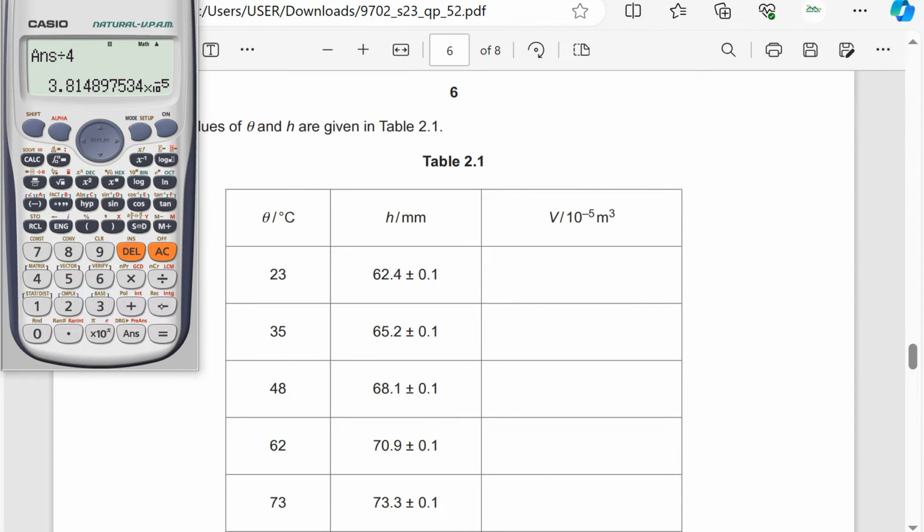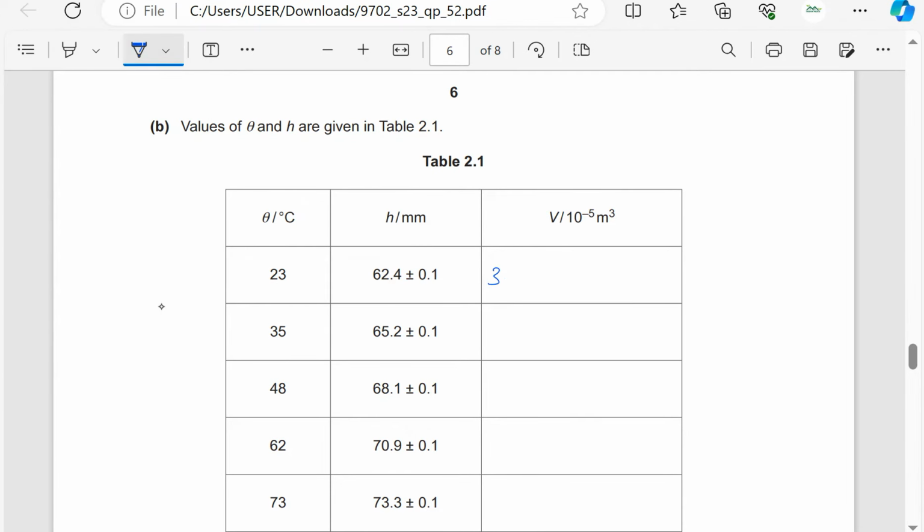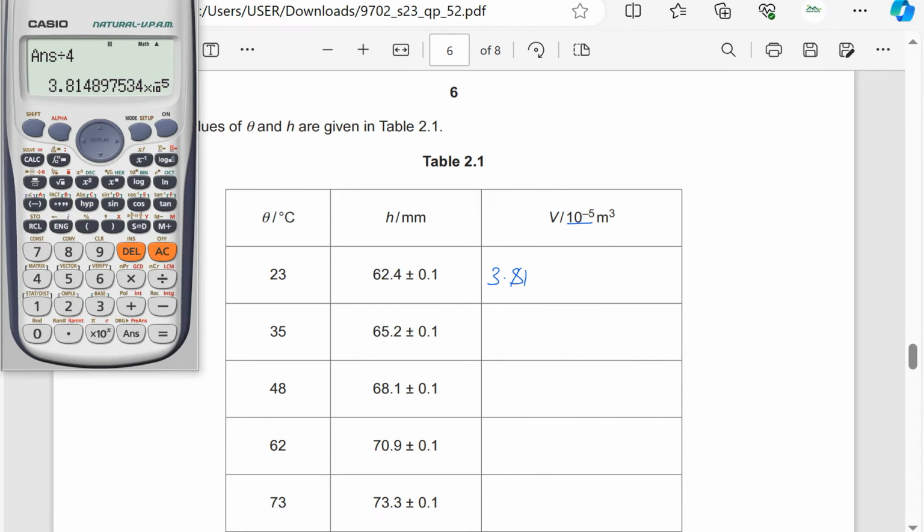The power minus 5 has already been catered for. So this is going to be 3.8. These are three significant figures, and D was also three significant figures, so I will maintain three significant figures. So this will be 3.81 times 10 to the power of minus 5.